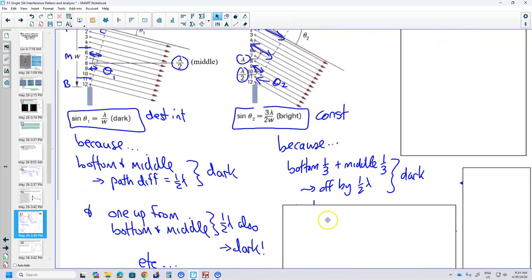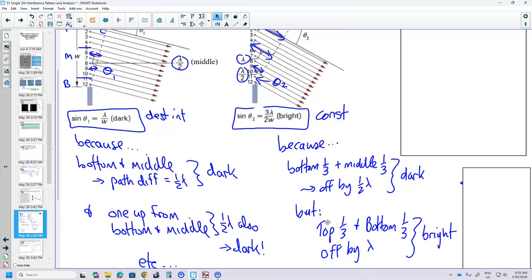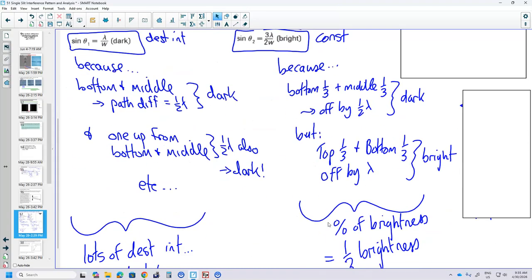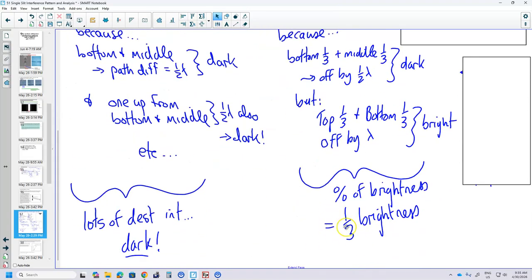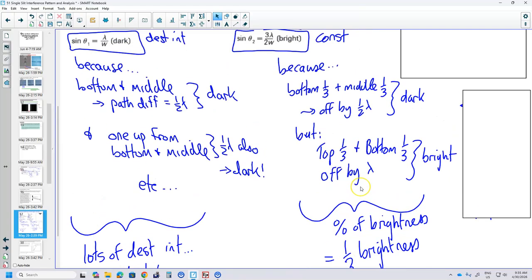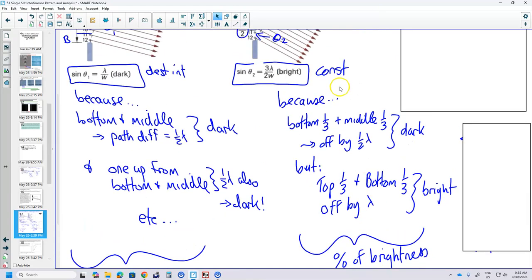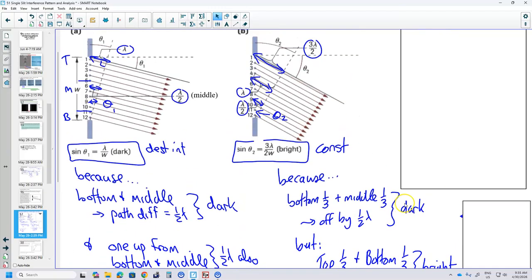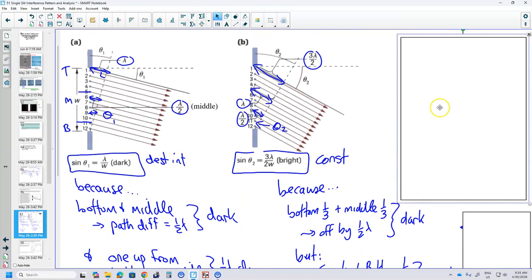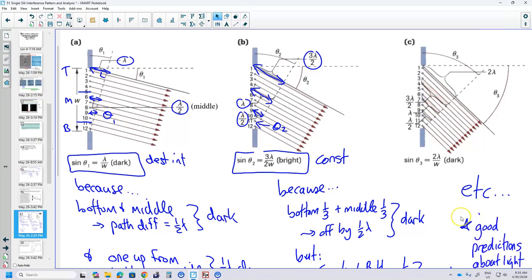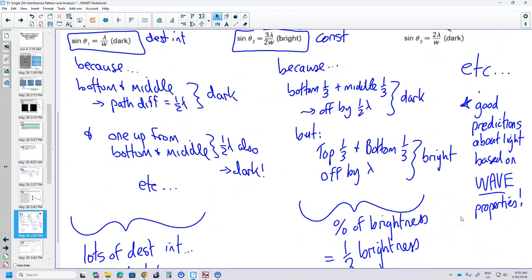So you're going to have a bunch of dark areas as well. It ends up being 1/3 of the brightness. If you do the math, you pair them all up, because you have top thirds and bottom thirds canceling out, and then 1/3 of them are constructive. So this first one has 1/3 brightness, and so on. This analysis, if you did all the details, which I certainly didn't do here, right?